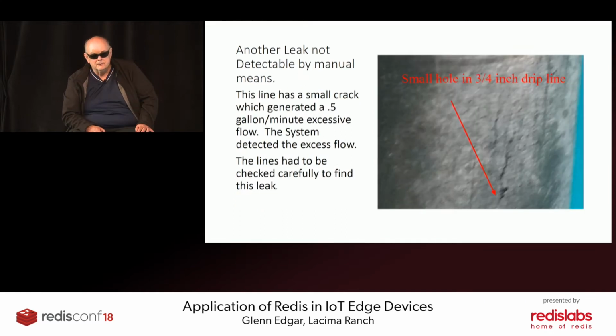These are just examples. The next leak picture is a 3/4 inch drip line that has been blown up. What you see is a slight crack there, and that's about 0.5 gallon per minute of excess flow. Essentially, that leak would have never been determined by a manual system.